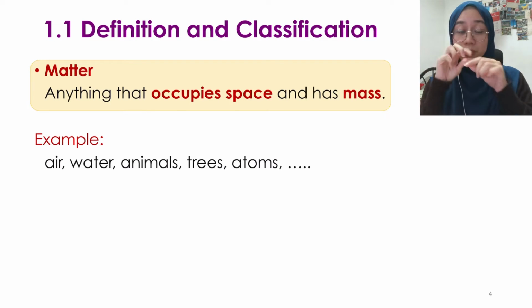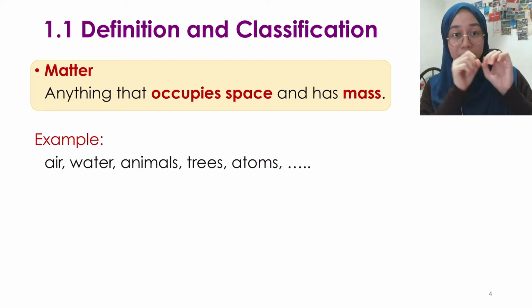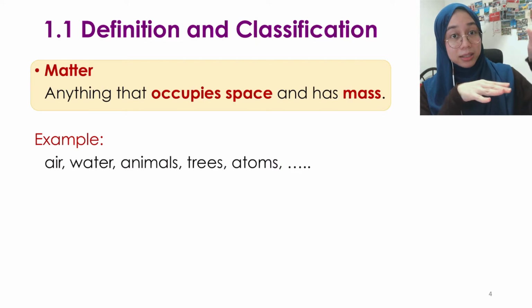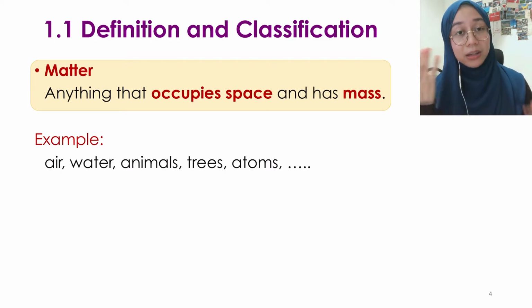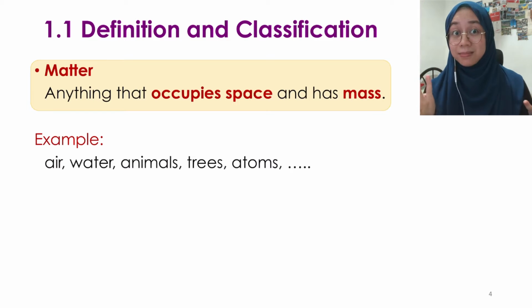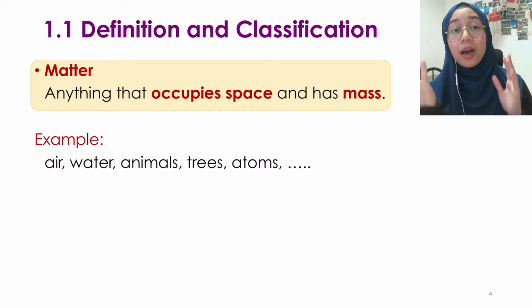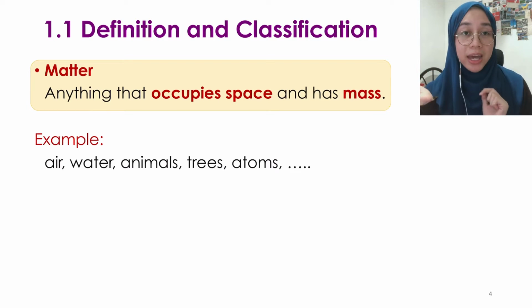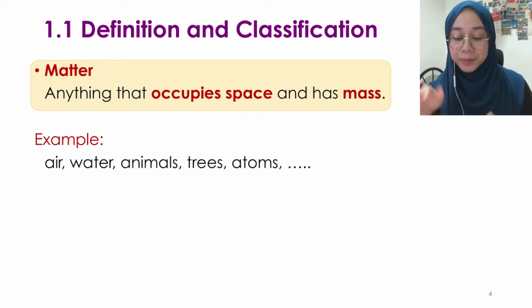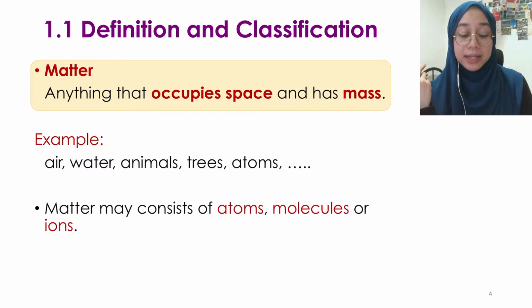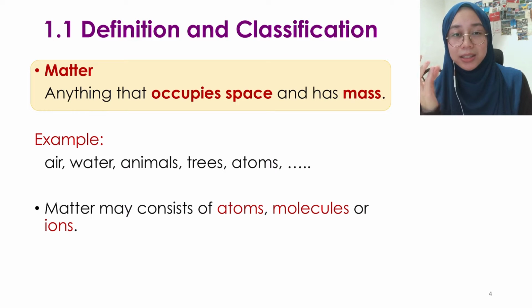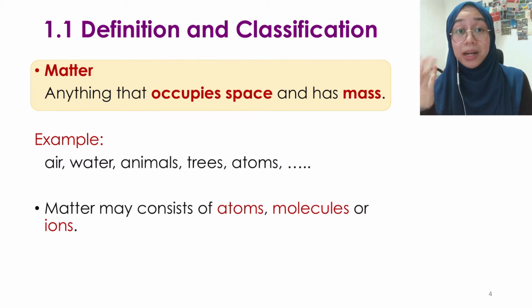Once you have tied the balloon and then you let it go, and somehow it falls down, it shows that it has mass. So that's how we know that air also occupies space and has mass. Therefore, air is also a matter. Matter may consist of atoms, molecules, or ions, because those are the particles that make up everything.